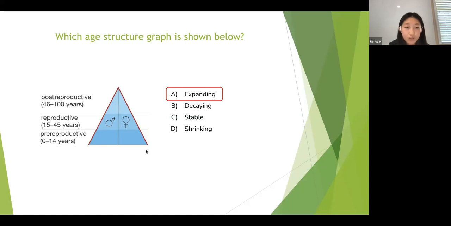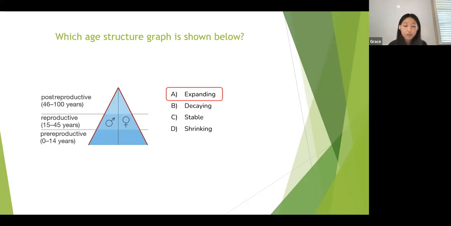This is because there's a lot more children, and because there's more children, they're going to grow up to be adults, and the overall population will increase. That's the trend that is going on, because there used to be a smaller amount of people in the population, and that's why there's fewer adults and fewer reproductive and post-reproductive people.